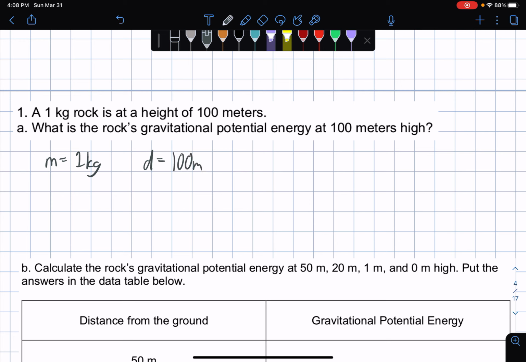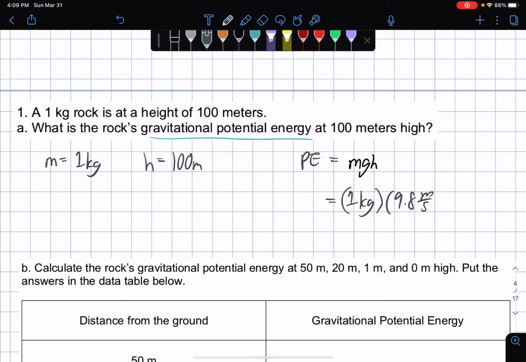Well, in the first place, we didn't have to write D. We could have settled with height instead. So yes, everything is good so far. So we substitute the values. So far so good. Based on the calculator, what is the answer?